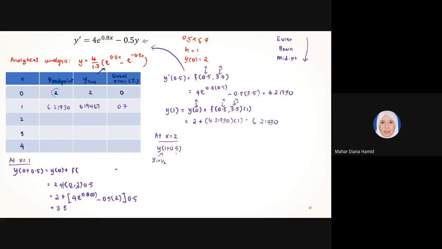So half here is actually 0.5, half of the value of h. And if you substitute into the original equation, you will get 9.114057. And this is for the first equation.